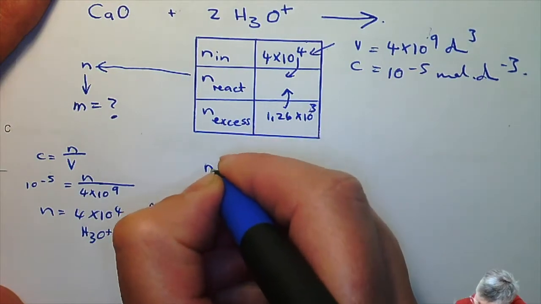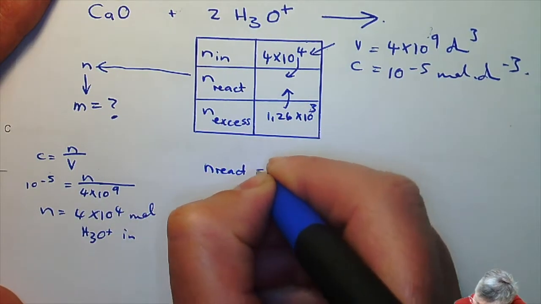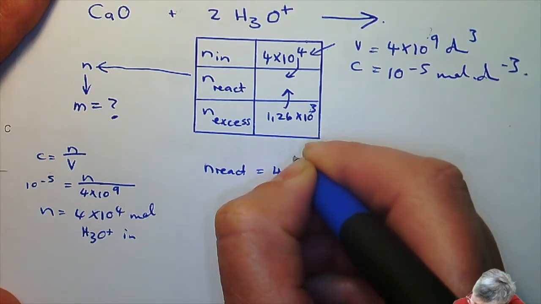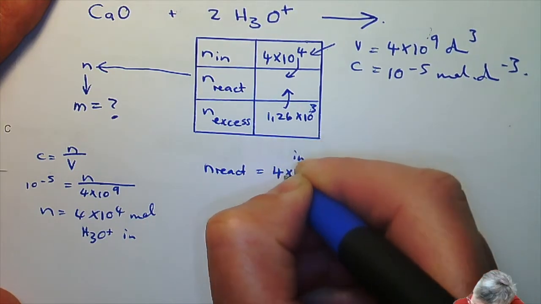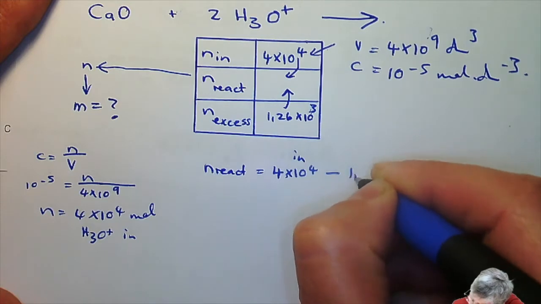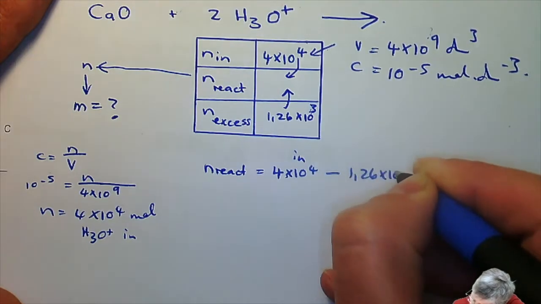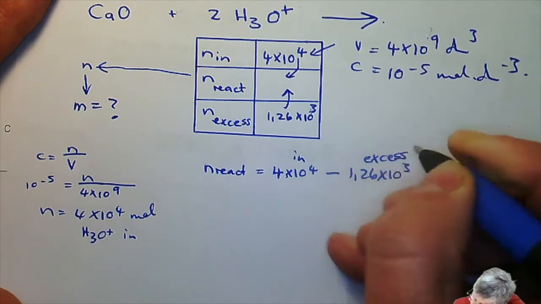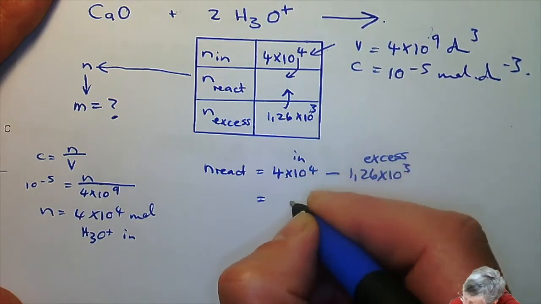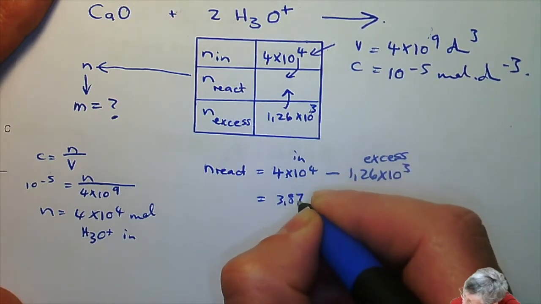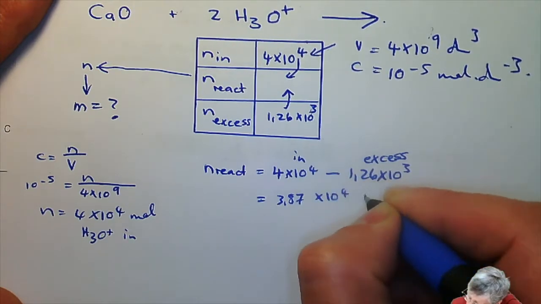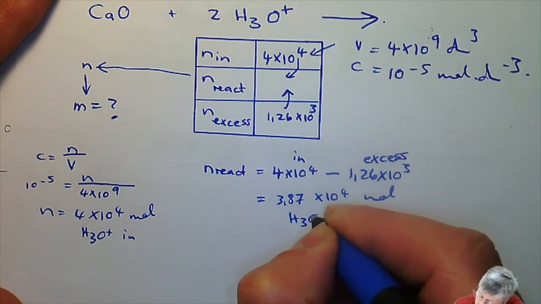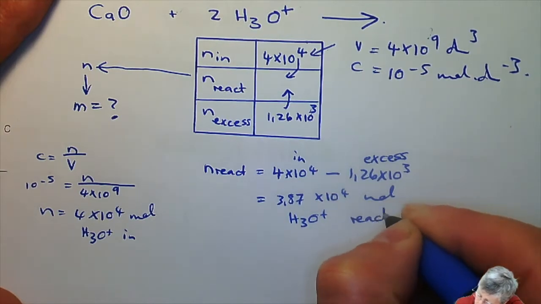Well, the moles that react is therefore the moles that I put in, 4 times 10 to the 4th, minus the 1,26 times 10 to the 3 that is left over, the ones that are in excess. And when you subtract that, you end up with 3,87 times 10 to the 4th mole. And that is now the H3O plus that react.